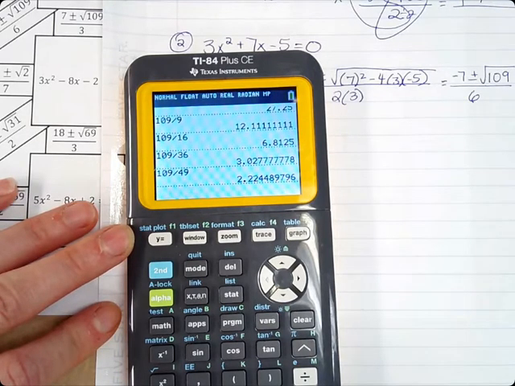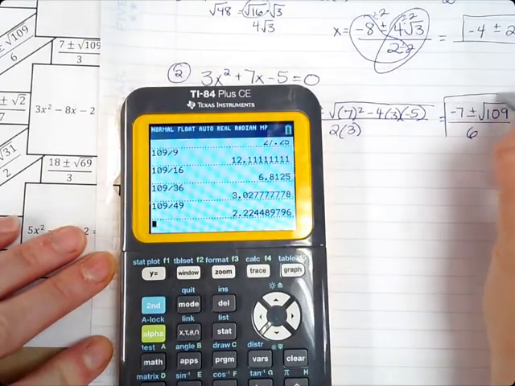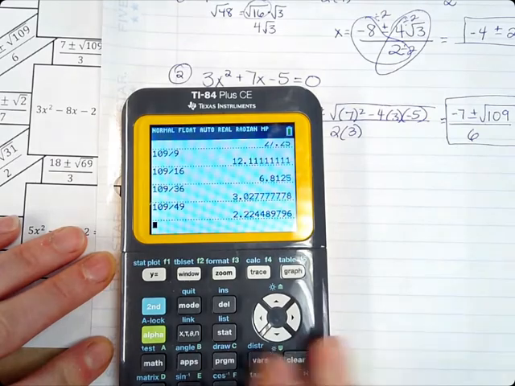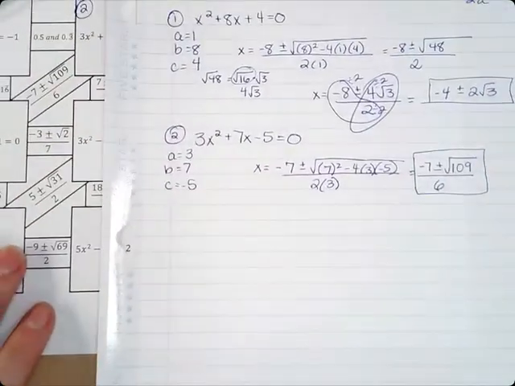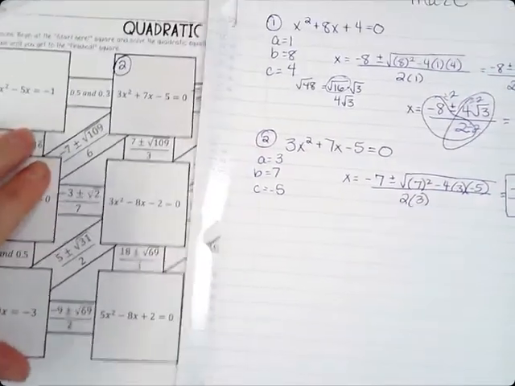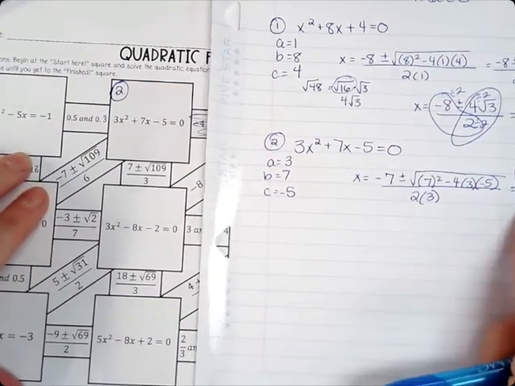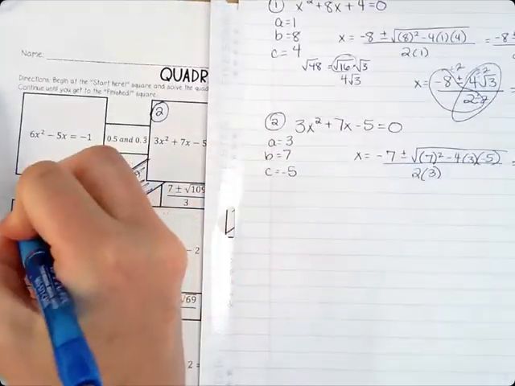There's nothing we can do. So this is as simplified as we can get. And so we look at our answer choices, and it's there. So now this would be number 3.